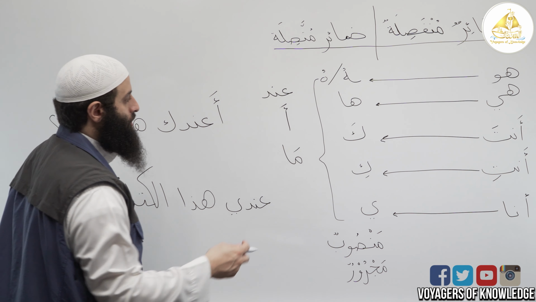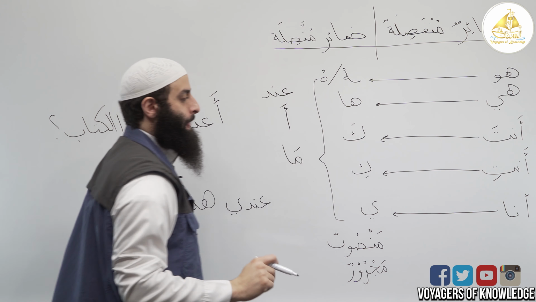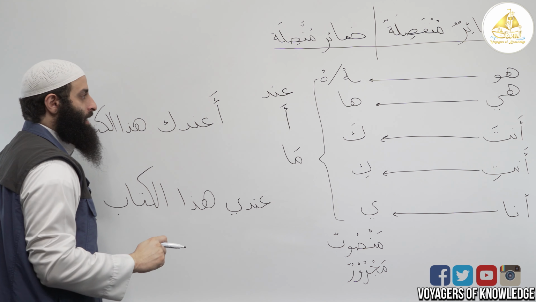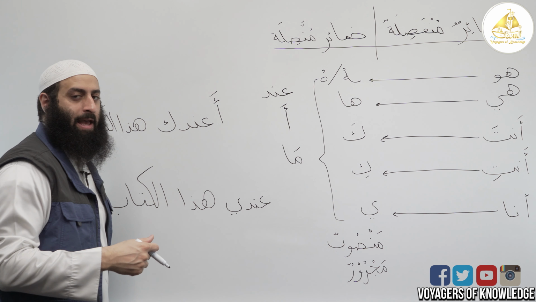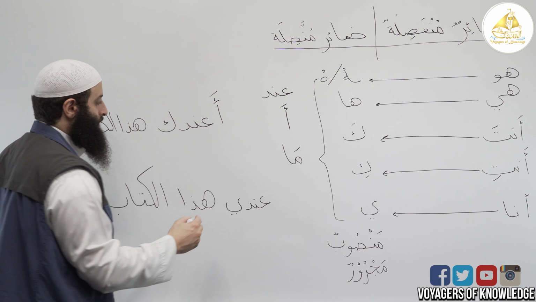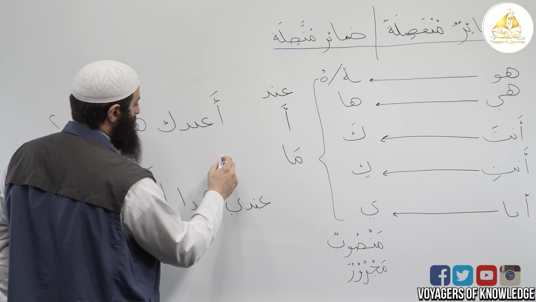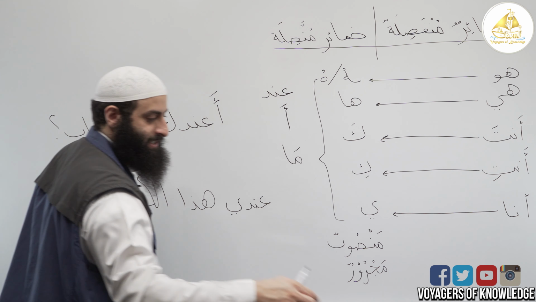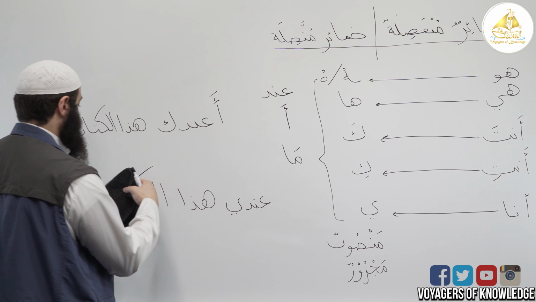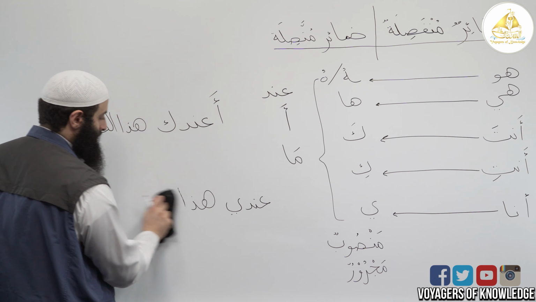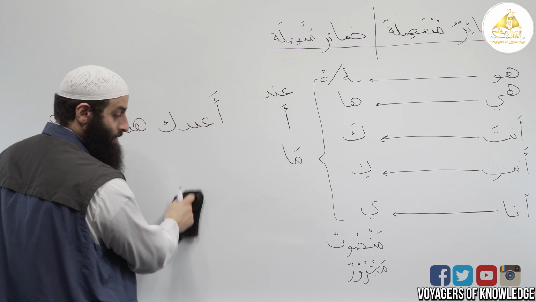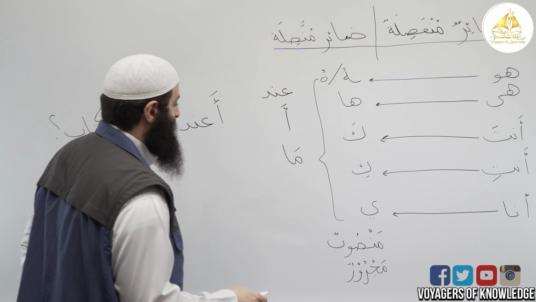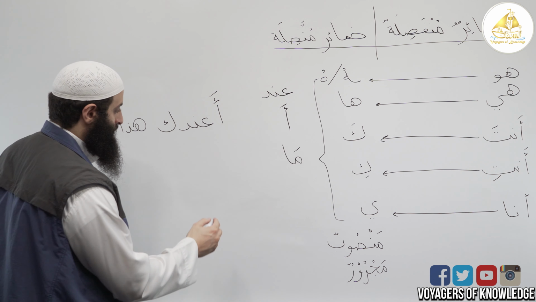Same thing, let's try it with huwa. He has a big house. Or let's say, he does not. That'll be the last one before we move on. He does not have a big house.